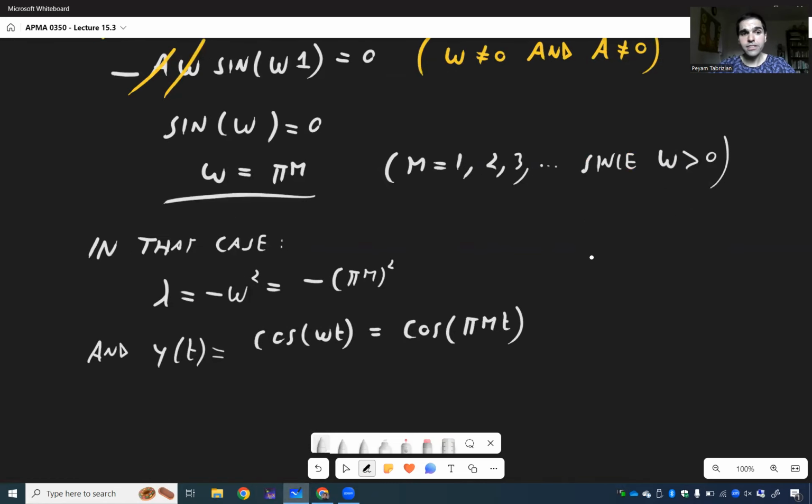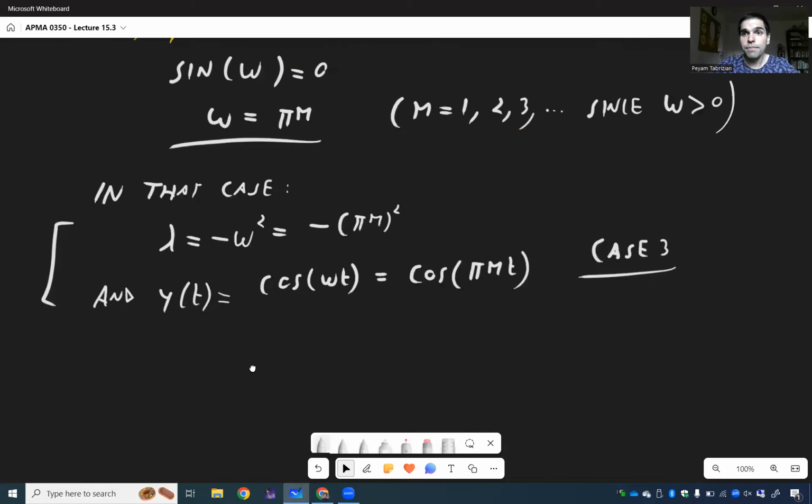But here is the beautiful thing. So that was case 3. And I would like to remind you, in case 2, we found lambda is 0 and y is 1. Now, look at this formula in case 3 and see what happens if you plug in m equals 0.